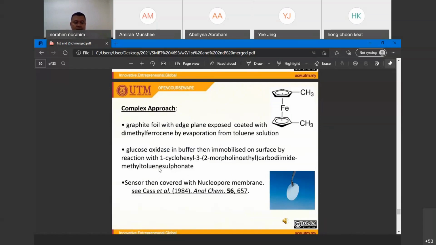Then you cover your sensor with a nucleopore membrane. Remember, a membrane is supposed to have pores, so there should be permeability. It is permeable means it allows something to go through it. It depends on what molecules you want to boleh tembus. Macam tadi we talked about oxygen, so only oxygen yang boleh tembus.